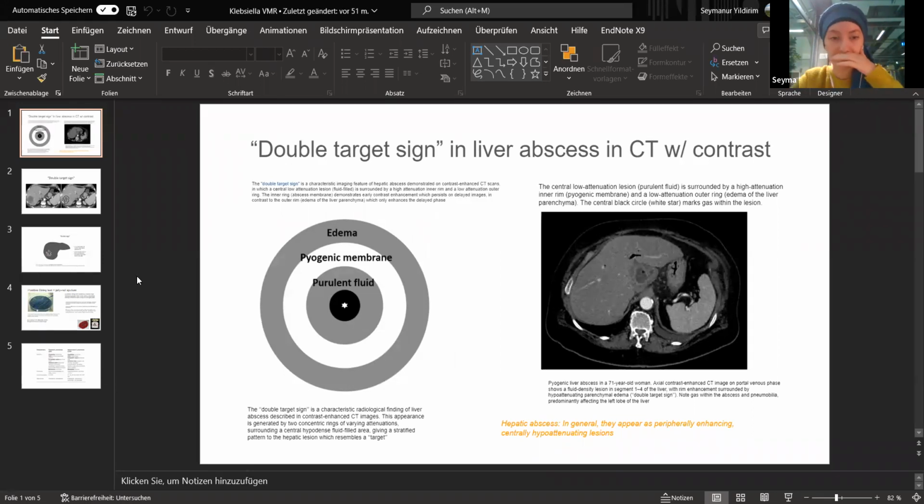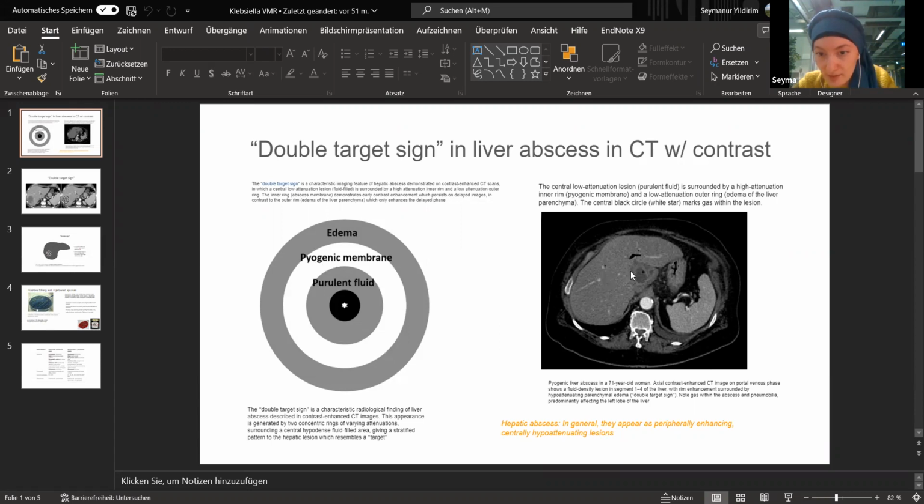And here's one sign that is called the double target sign in CT with contrast. There, an abscess looks like this: you have a purulent fluid which is looking hypodense. And then we see some hyperdensity, which is the pyogenic or abscess membrane.